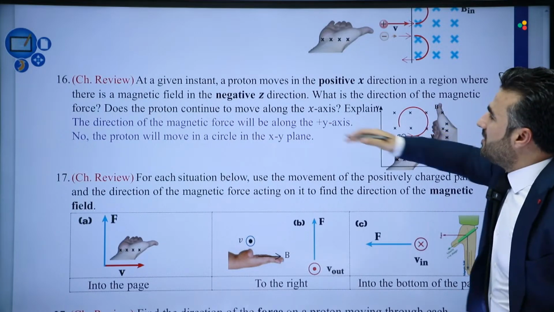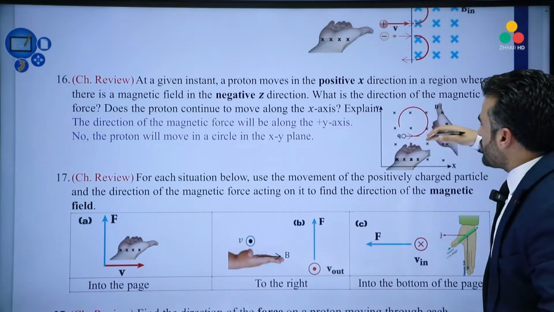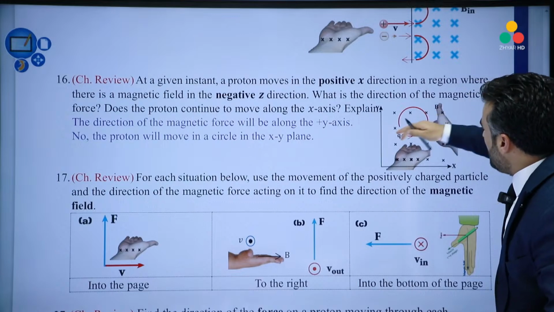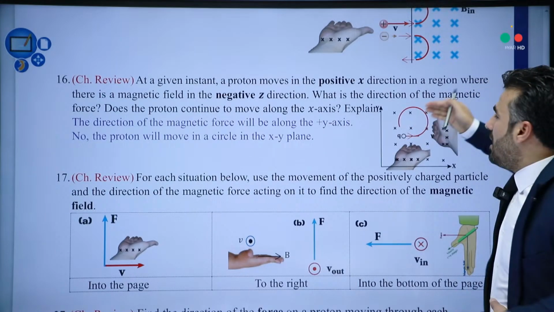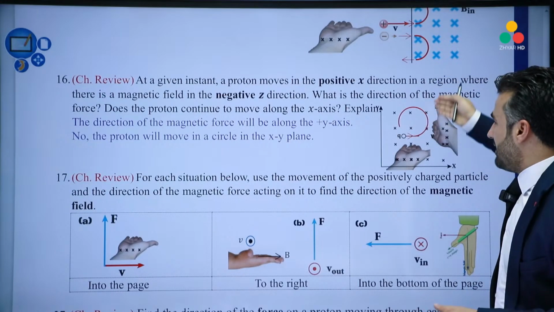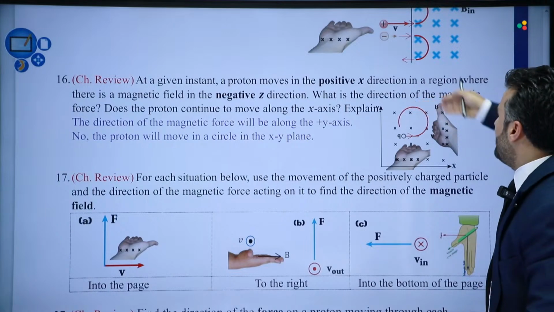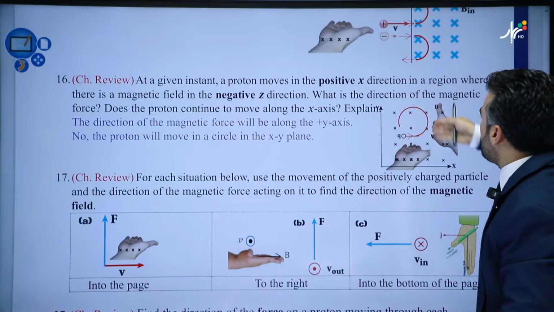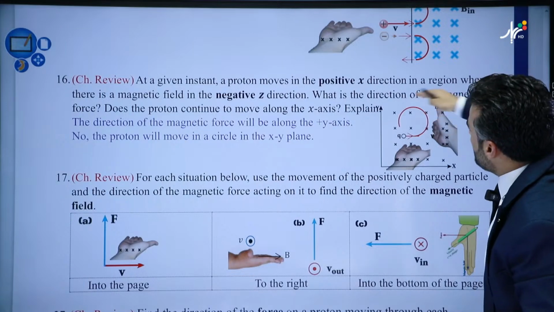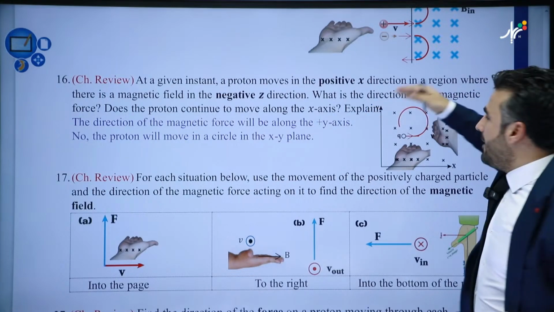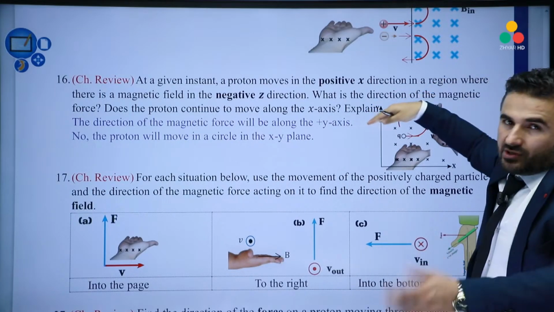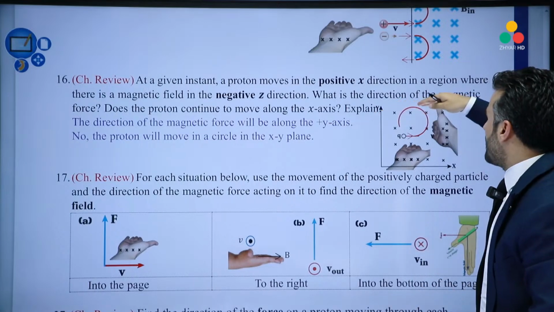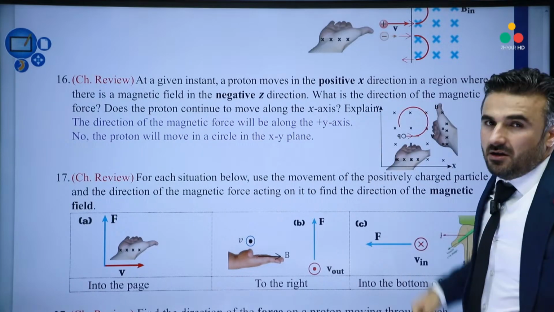So the answer to this question is no, because after it enters the magnetic field, it is going to move on the y-axis, let's say. Will it stay on the y-axis? No, because if there is a continuous magnetic field, you can see that this magnetic field will change its direction to, let's say, towards the x negative direction here, and then of course after that towards the y negative.